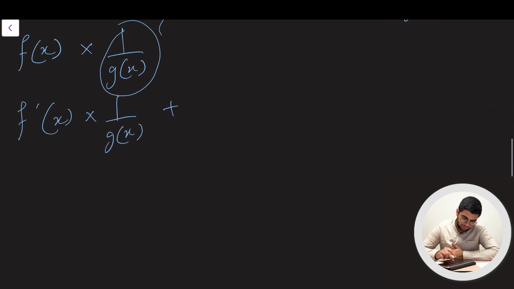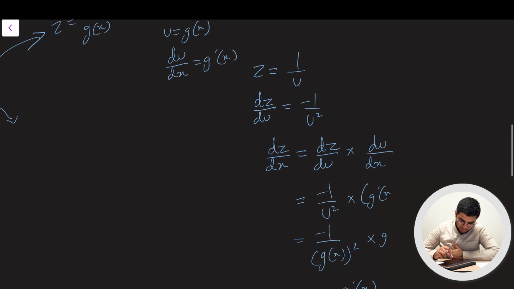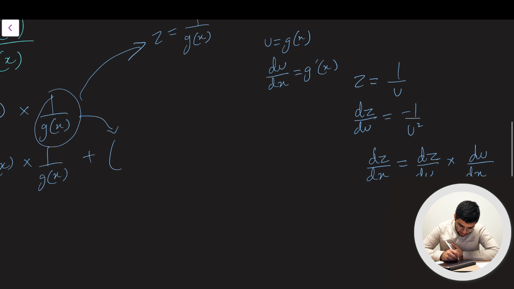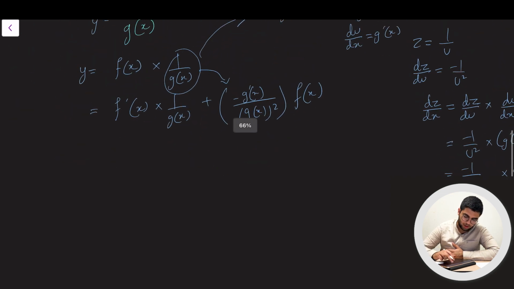Very long, okay? And now we are going to write that back into our original proof that we were doing. So we bring that back. We write the derivative of this here, which we found was negative g dash of x over g of x whole squared, times f of x. There we go.